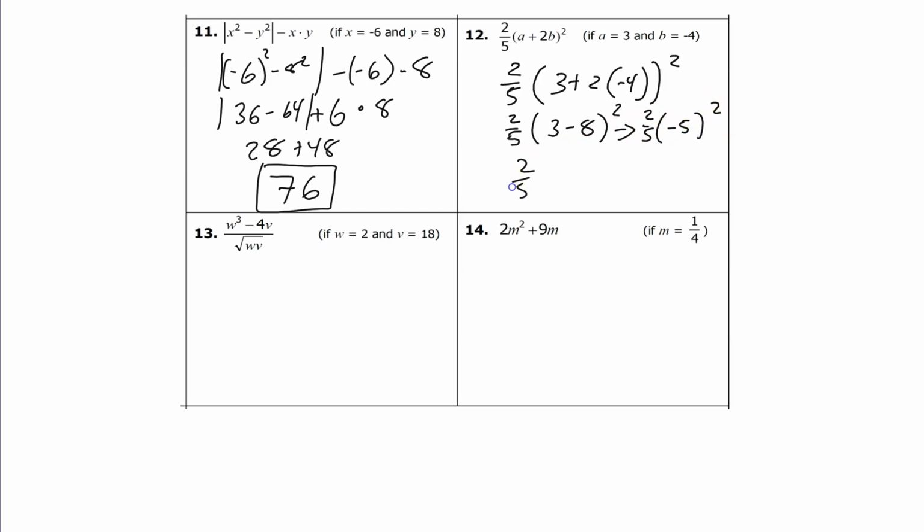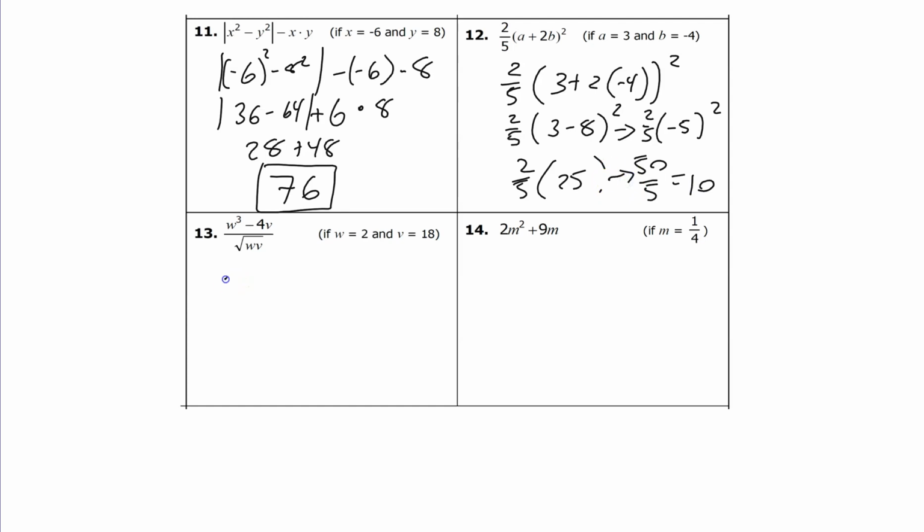So it gives us 2/5 times 25. Well, that would be 50 over 5, which equals 10. All right, so number 12, we wound up with 10.